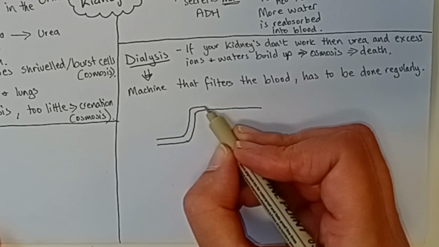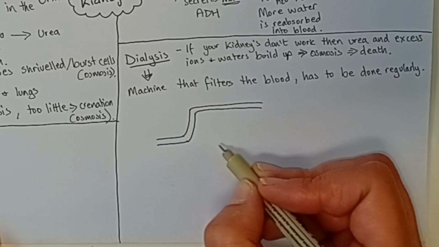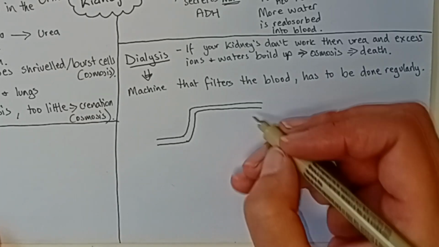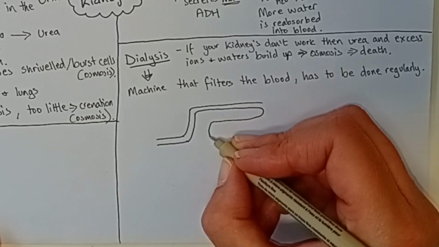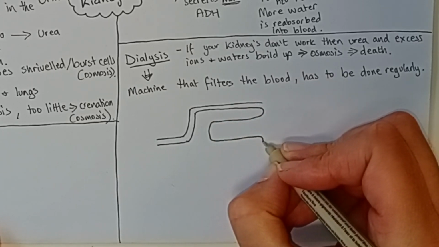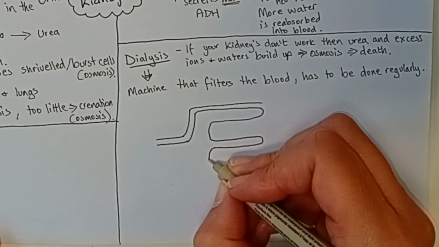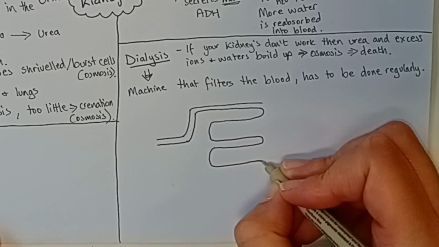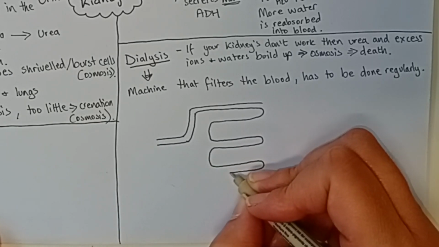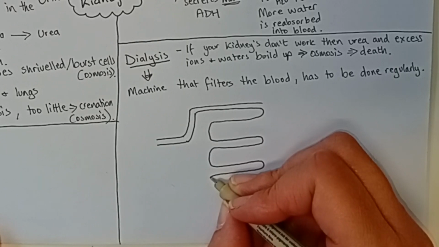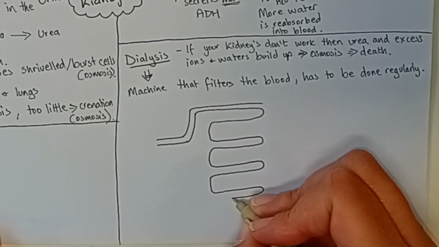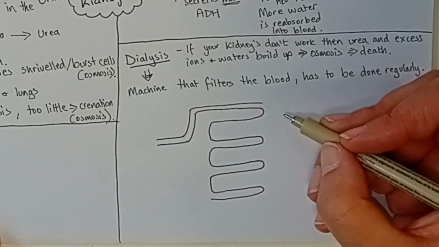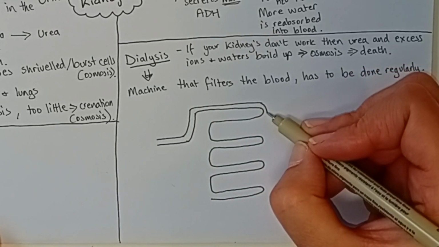So I'm going to draw this tube and it's going to zigzag down here. Okay, so I'm going to do a narrow turn, a wide turn, a narrow turn, a wide turn, a narrow turn, wide turn, and a narrow turn. Then I'm going to fill in the other side.